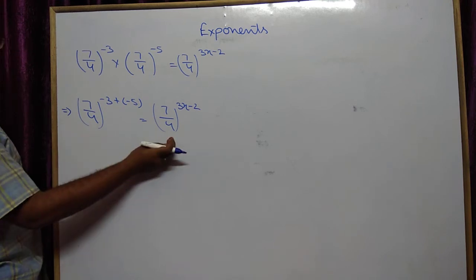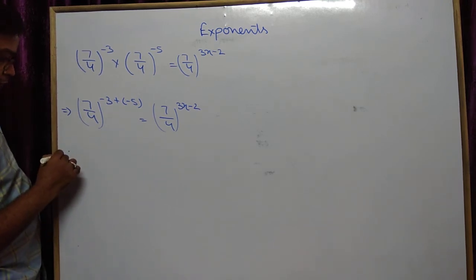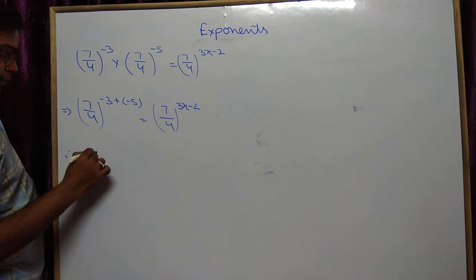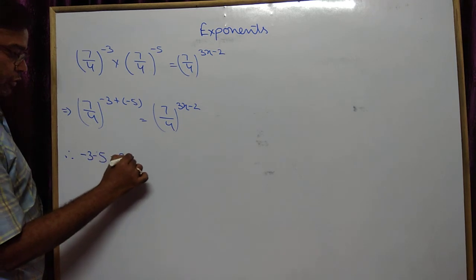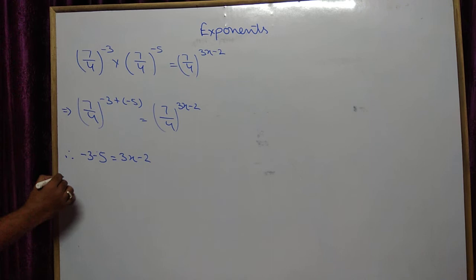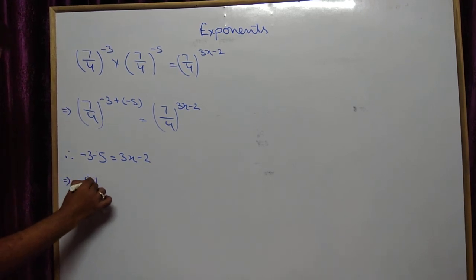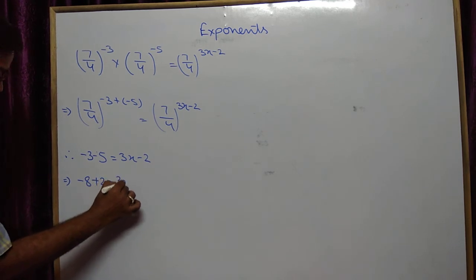Both sides have the same base, so comparing both sides, we can write therefore minus 3 minus 5 equals 3x minus 2. Implies that minus 8 plus 2 equals 3x.